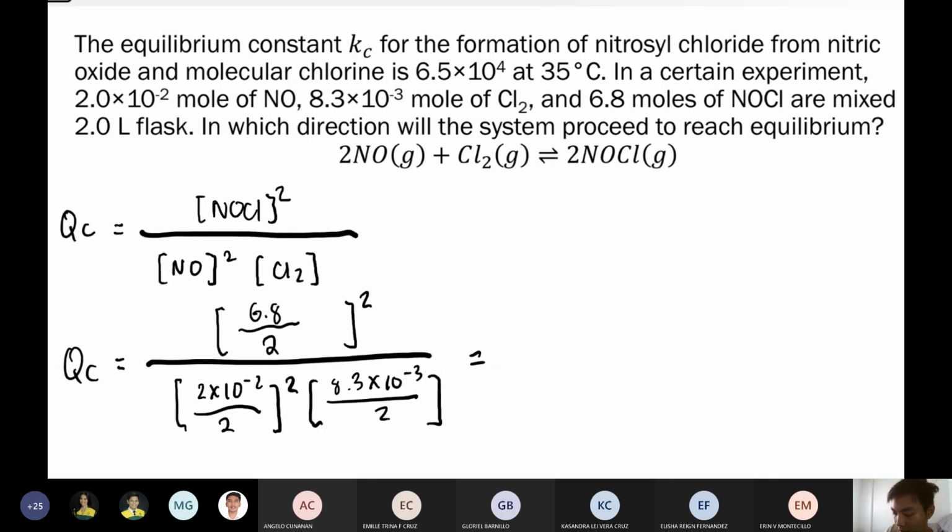I-scientific notation natin. So that will be 2.79 times 10 raised to 7. So this is the value of Qc. Laki, no?